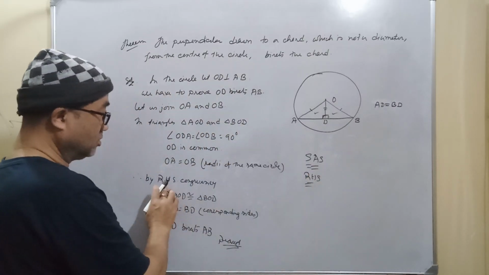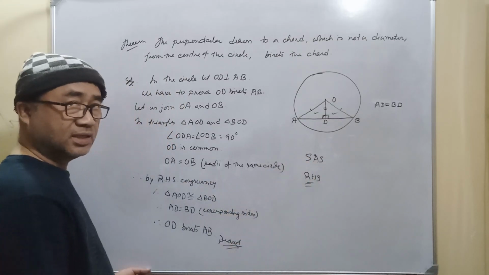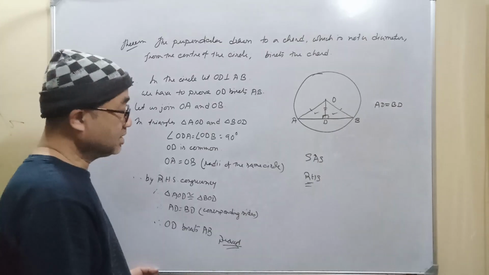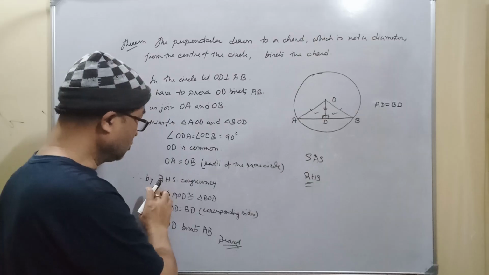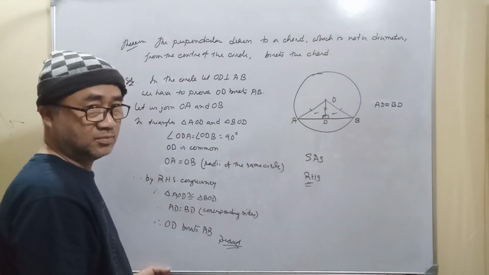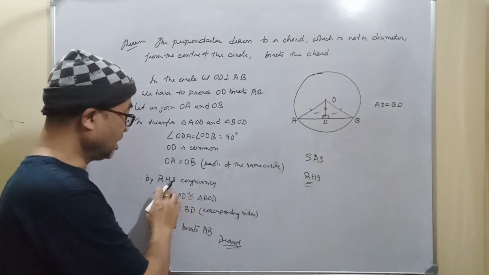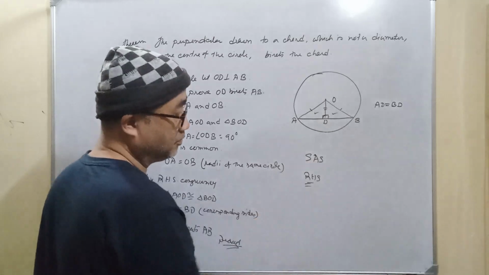Use RHS always, not SAS. Okay, I think that is an error. Using SAS congruency is not applicable here. Here you should use RHS congruency, because there is a right angle and there is hypotenuse and there is a common side. It is not SAS congruency.